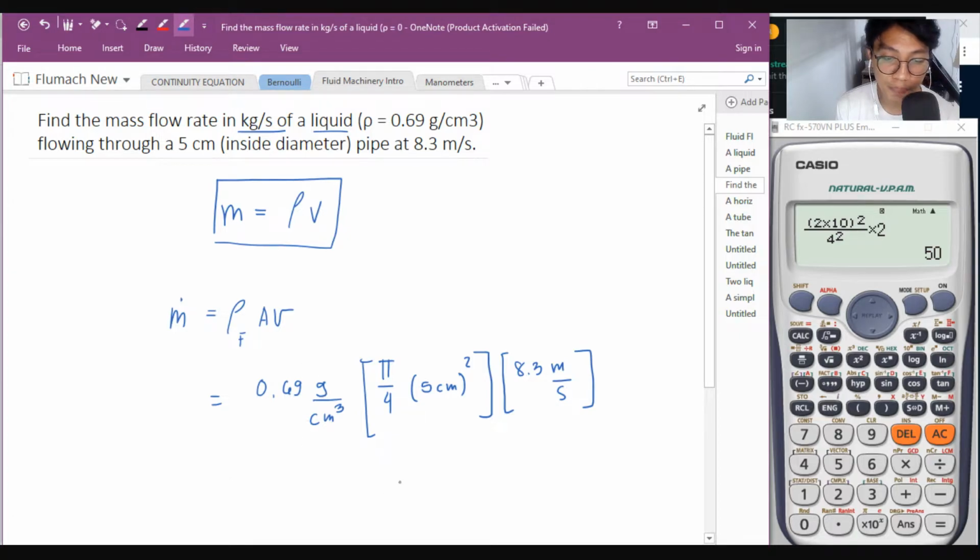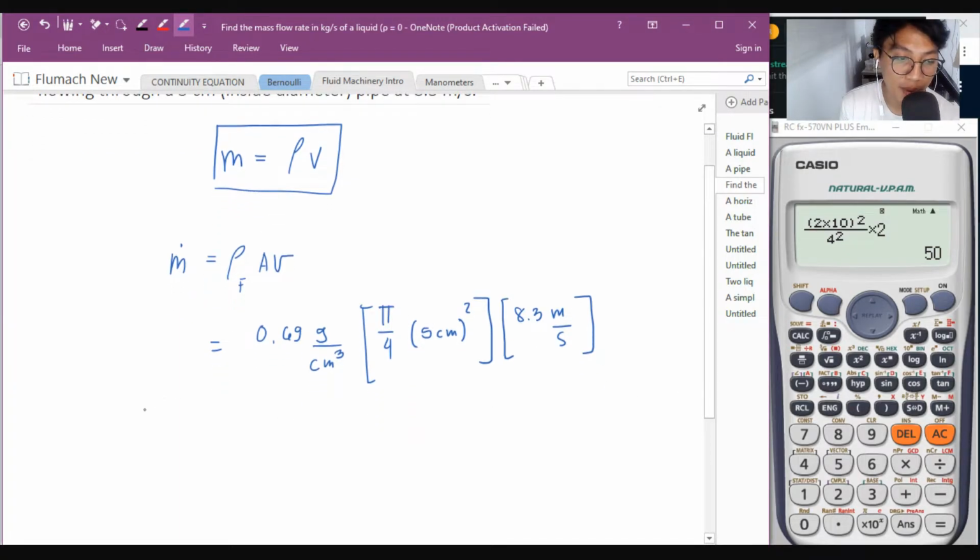So, dito, yung gram mo kailangan maging kilogram. Yung meter mo dapat maging cm para maka-cancel mo yung cm cube. O, dito na tayo papasok. Okay, sa ilalim. Kaya mo dyan, 0.69. Kunin mo na kagad yung mga numerical values. So, pi over 4. Tapos dito, 5 times 5. O di 25.